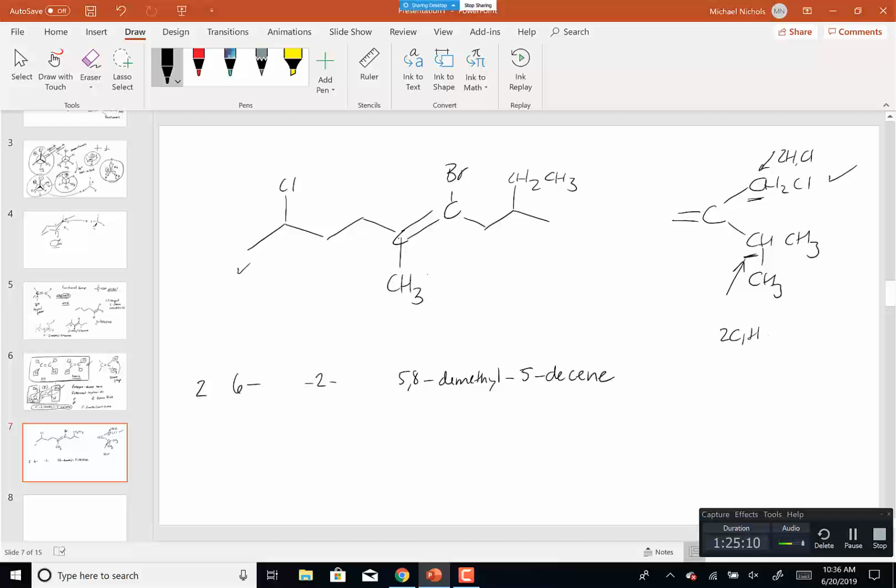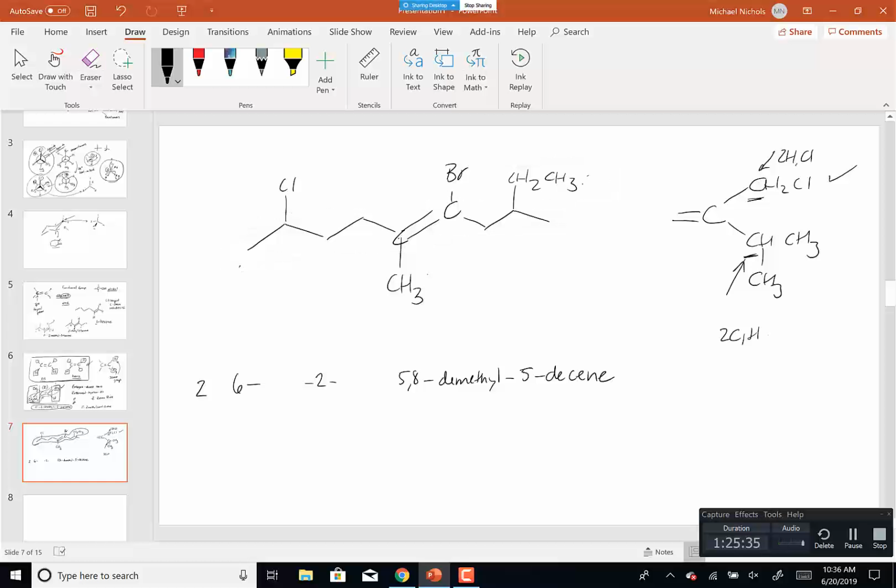So let's start with this one, and where should I end up? Here or here? Top. All right, so let's take that. So longest chain is 10 carbons. Longest chain that includes the double bond.